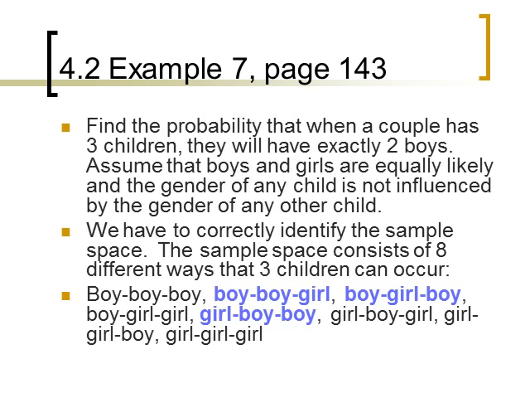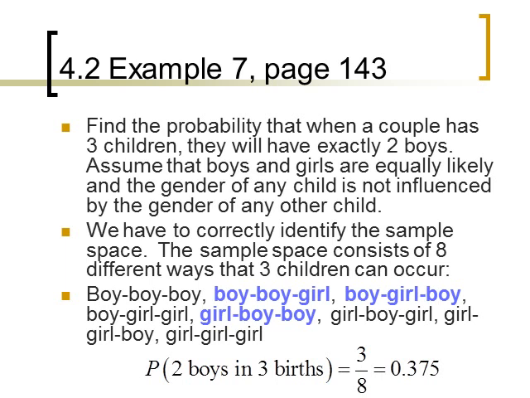And so there's 3 events out of 8 total in our sample space. So the probability of getting 2 boys in 3 births equals 3 out of 8. And when you divide 3 by 8 in your calculator, you get 0.375. So on your test, what you'll likely do is give me the decimal answer and not the one that's written as a fraction.